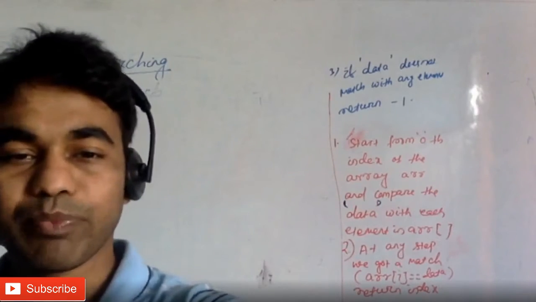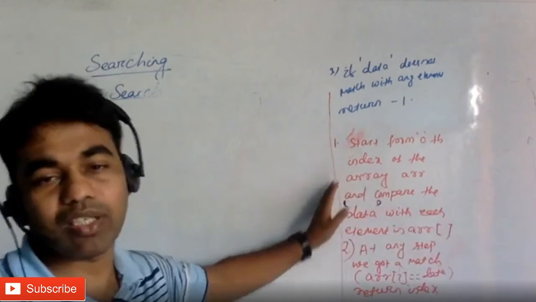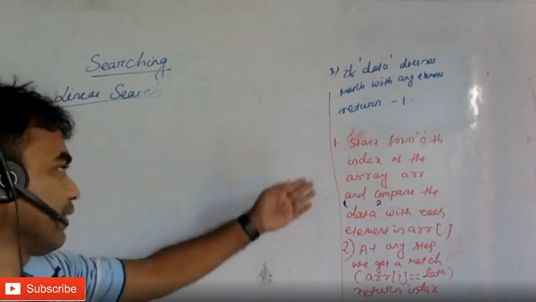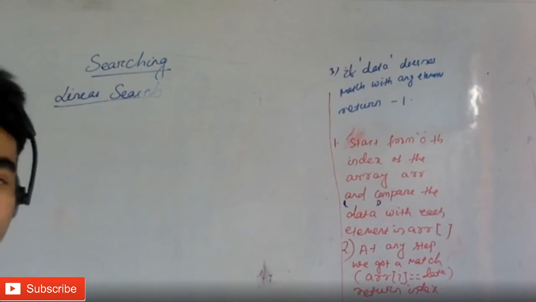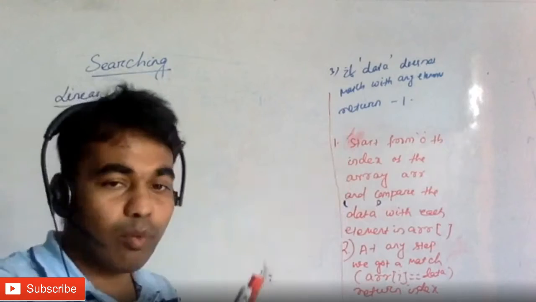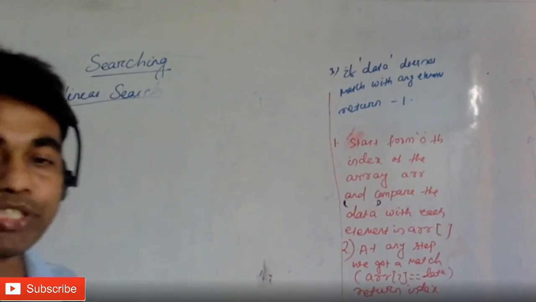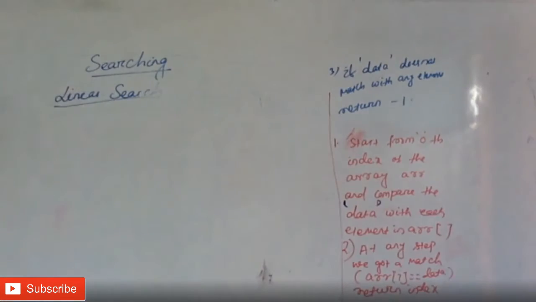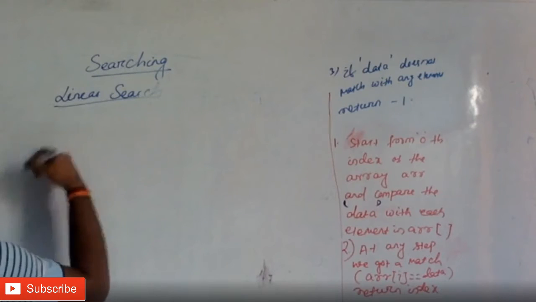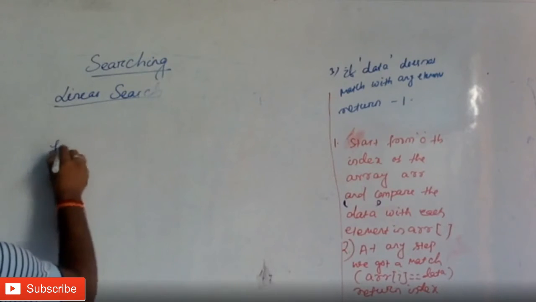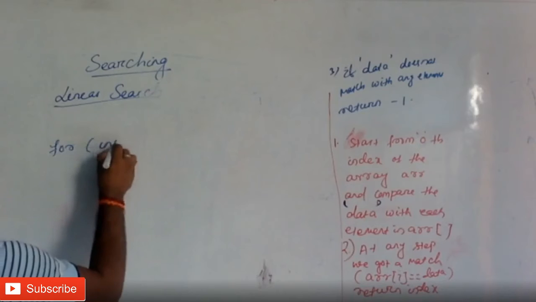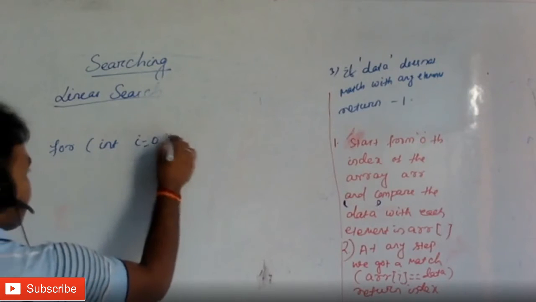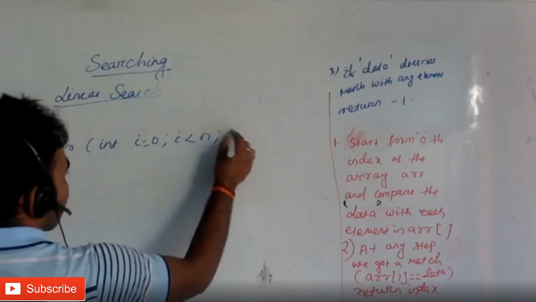The program is pretty straightforward, an implementation of this particular algorithm. You are looping, comparing one by one element. That means you are putting a for loop. In any programming language the basic syntax is going to be the same: int i equal to 0, i less than n, i plus plus.